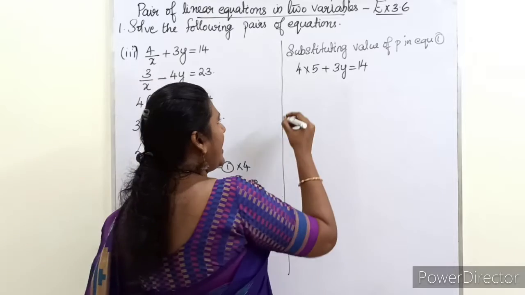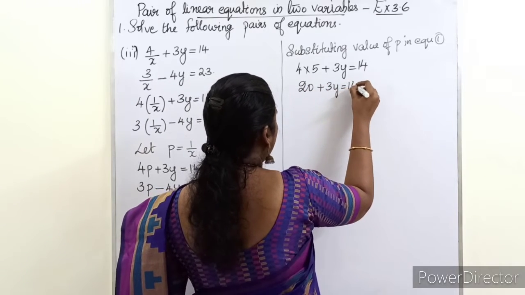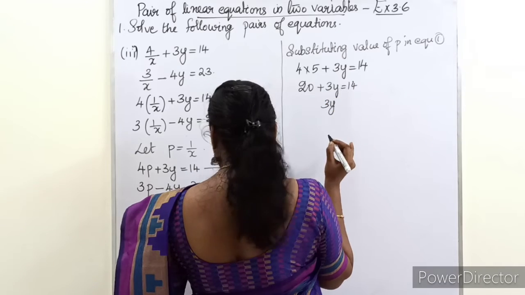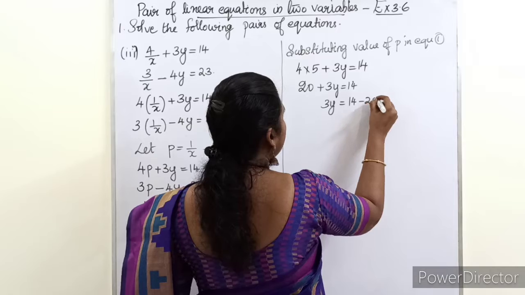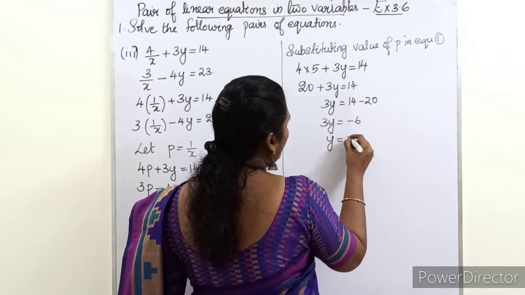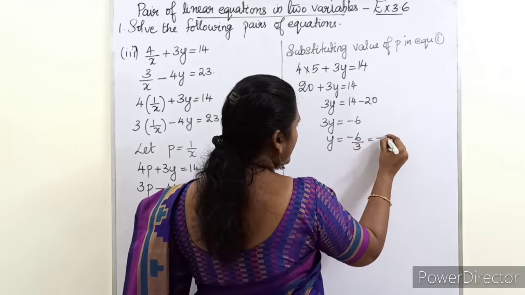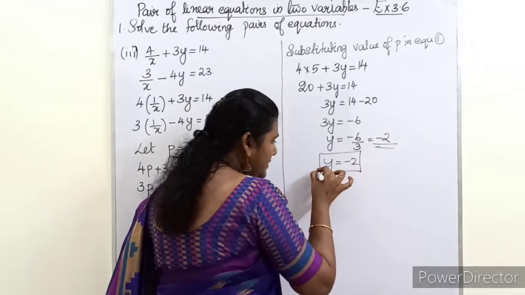Now we will simplify. 20 plus 3y is equal to 14. So 3y is equal to 14 minus 20, which is minus 6. So y is equal to minus 6 by 3, which is minus 2. So we got the value of y as minus 2.